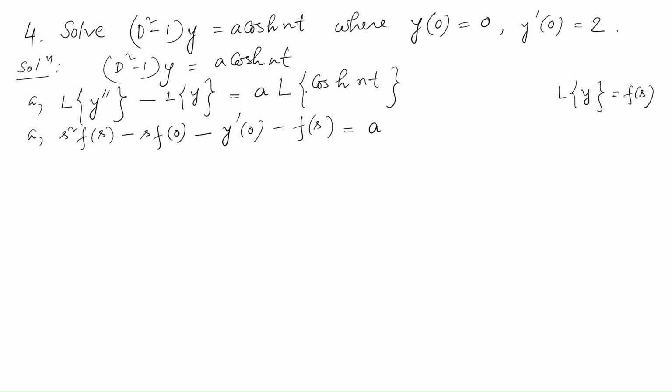In the right hand side, a multiplied by the Laplace transform of cos hyperbolic nt is s by s square minus n square.